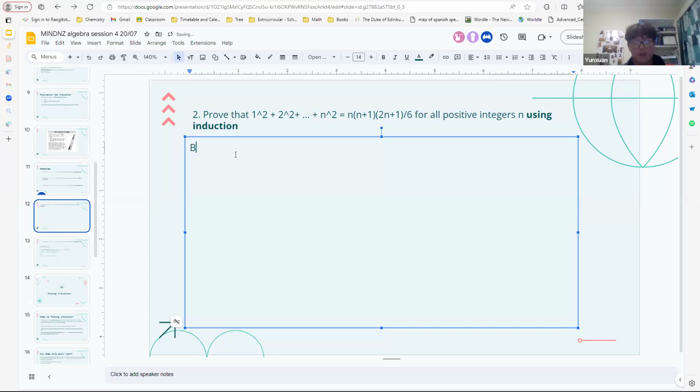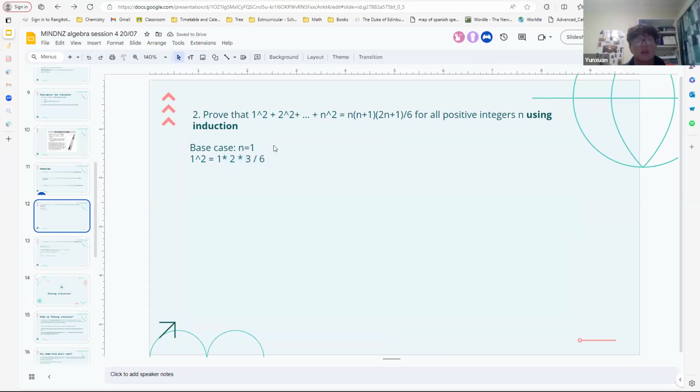So for the base case, I'll just use n equals 1 again. So by n equals 1, we have that 1 squared equals 1 times 2 times 3 divided by 6, right? This is obviously true because 1 equals 1.